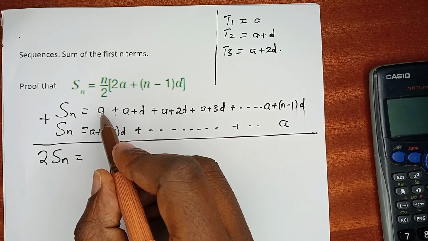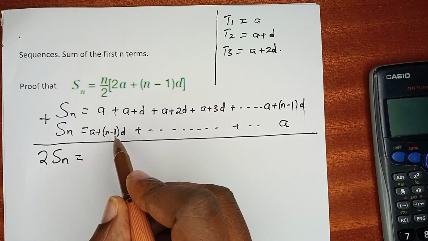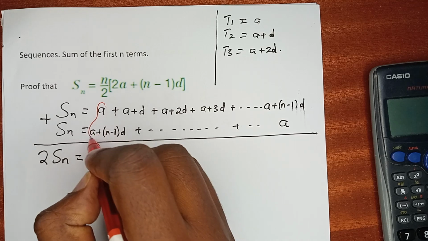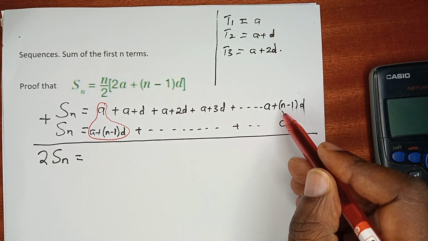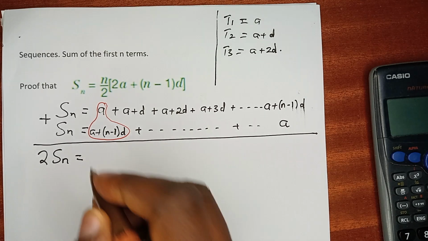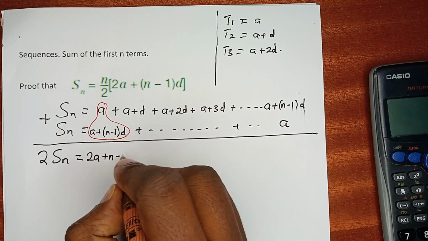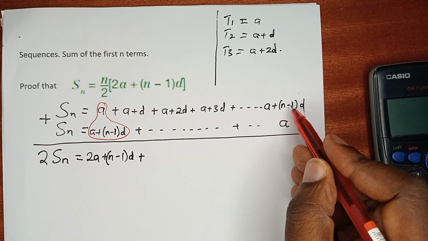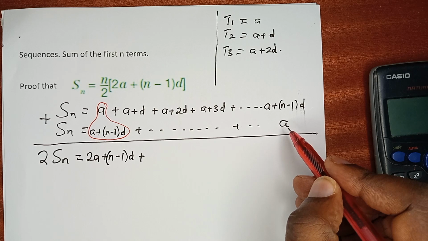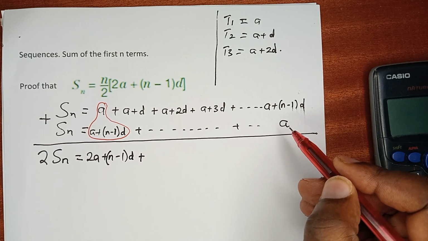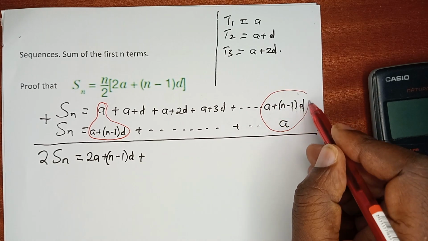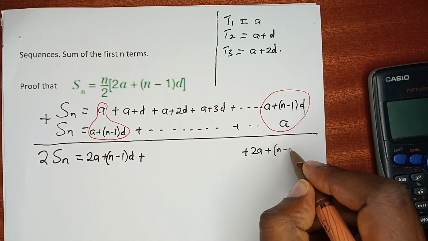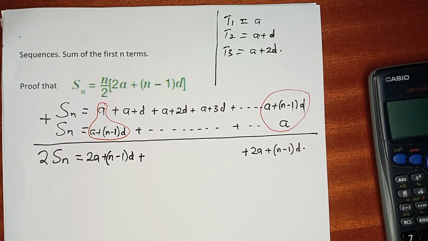So if you look at it, you will get the first term, which is this one, plus the very last term, which ended here, which gives us a plus a is 2a plus (n minus 1)d, plus, if you look at the last term here, plus the very first term, which is now after writing the same numbers in reverse, the sum of the two terms, a plus a, is again 2a plus (n minus 1)d. We get the same sum throughout.